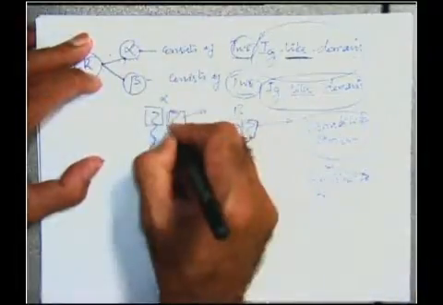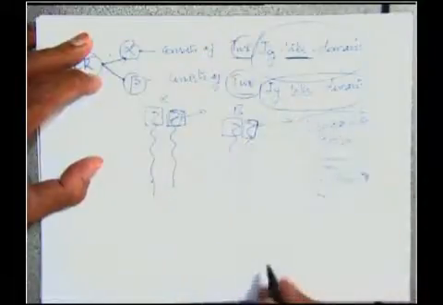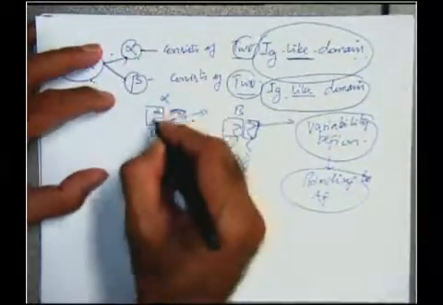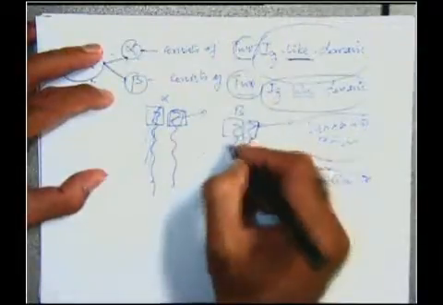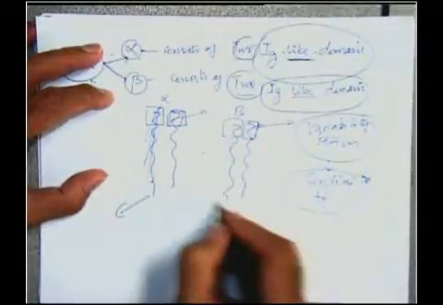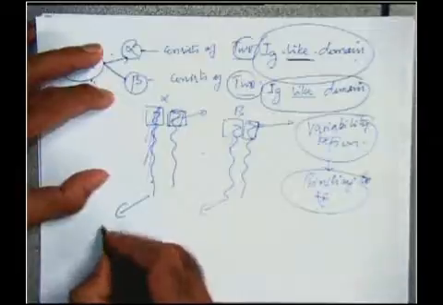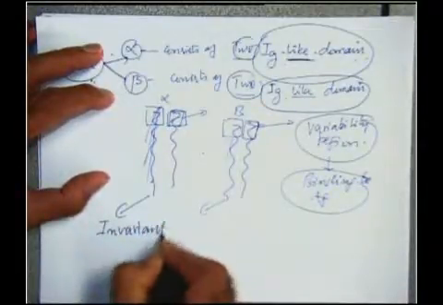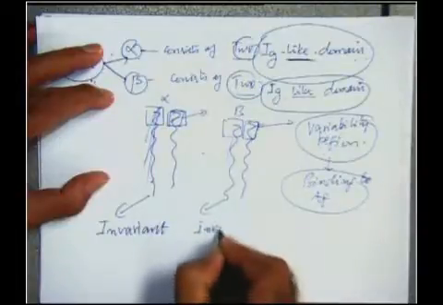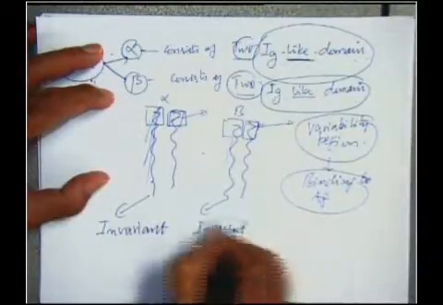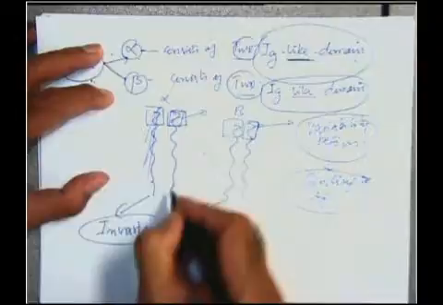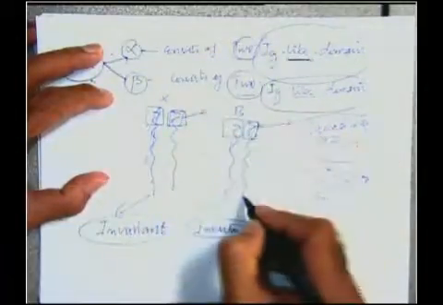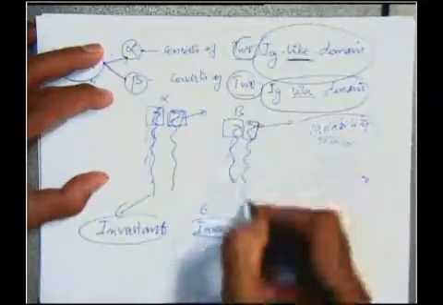This region is alpha 1 and beta 1 chain. And then the other chain which is coming over here in this part, this is the invariant. This is also invariant. So one chain of alpha is a variability region as well as one chain of the beta.